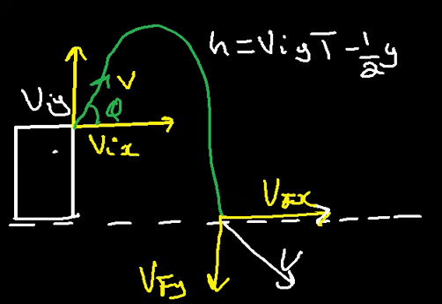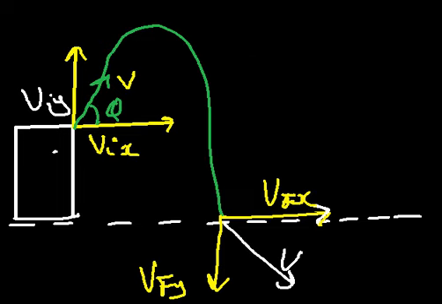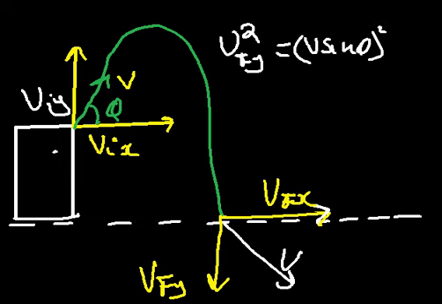Or else we can also do it in this way. We can use the formula v squared, where this is the final velocity. The final velocity along the y-axis, vfy squared, is equal to the initial velocity, v sin theta, to the power 2, minus 2gh.